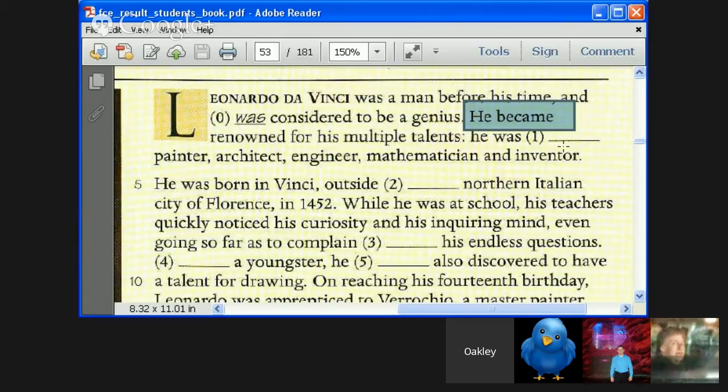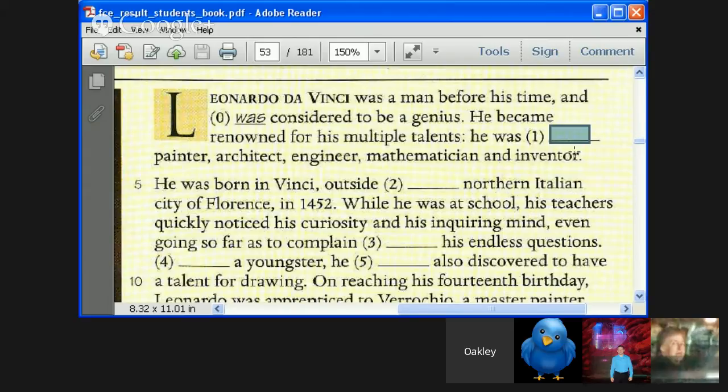He was a painter, architect, engineer, mathematician, and inventor. That's it. This answer for number one, very simple. He was A, and that's it. You got it right. Very good. All right, Nader, thanks for stopping by. See you next time.